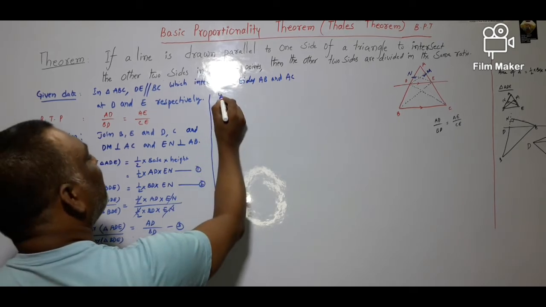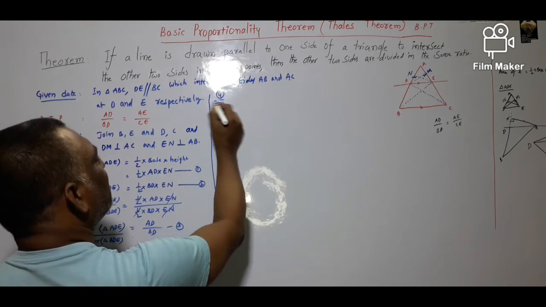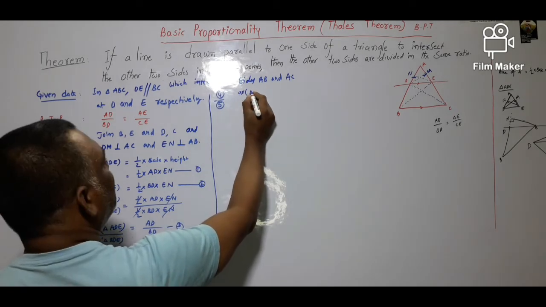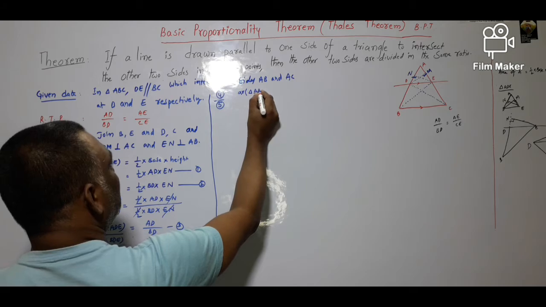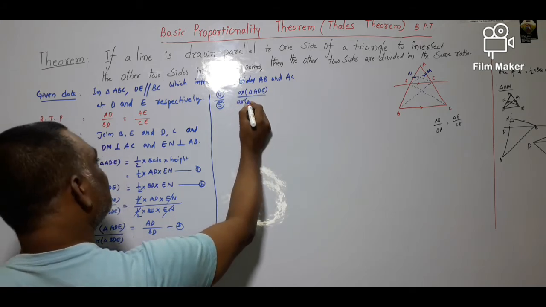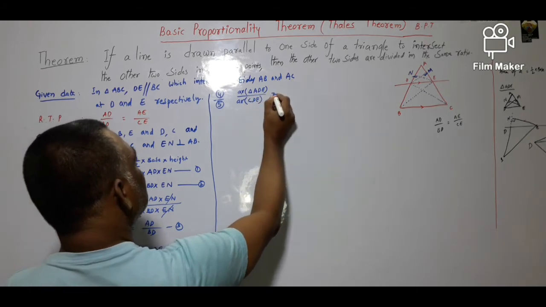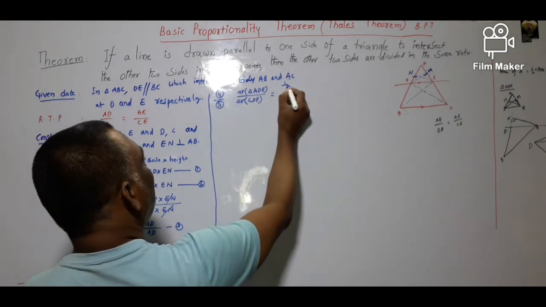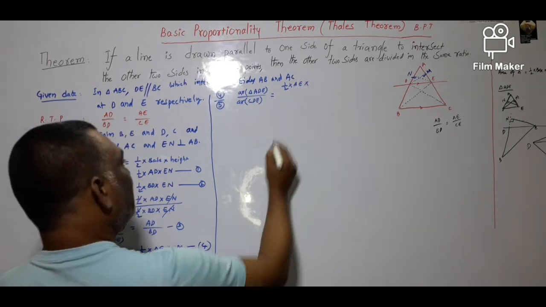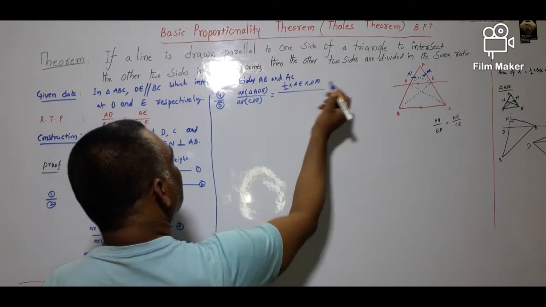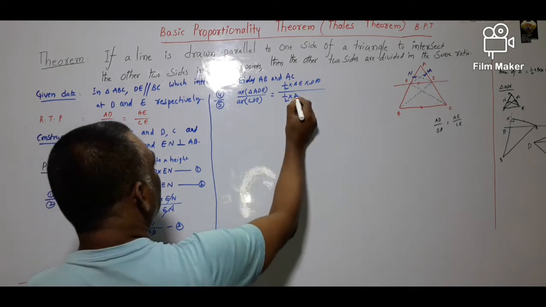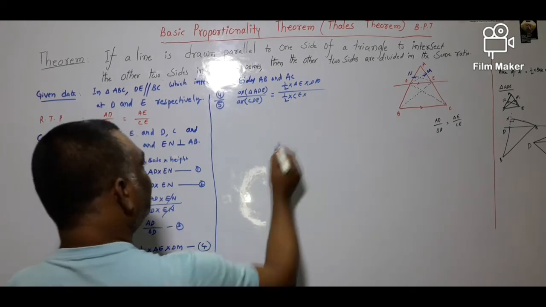Do 4 by 5. Area of triangle ADE by area of triangle CDE is equal to half into AE into DM divided by half into CE into DM.